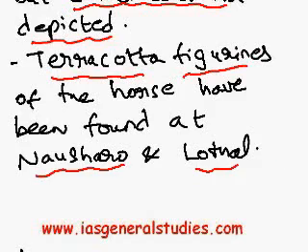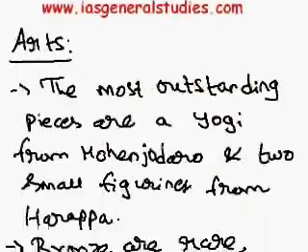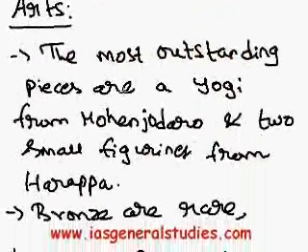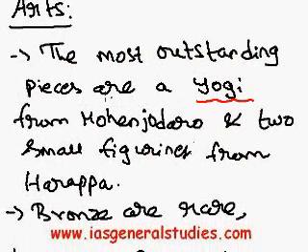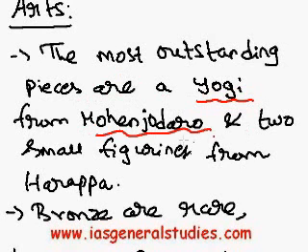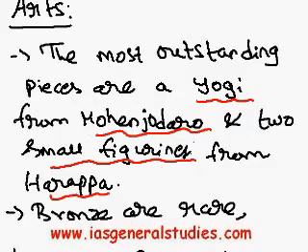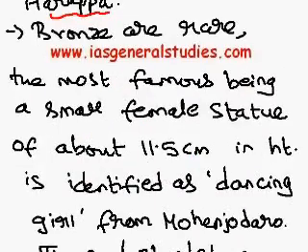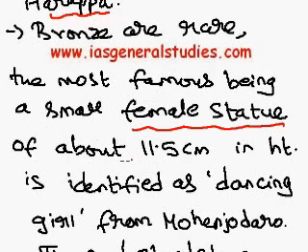Terracotta figurines of the horse have been found at Nausharo and Lothal. Now coming to the arts, the most outstanding pieces are a yogi from Mohenjo-daro and two small figurines from Harappa. Bronzes are rare, the most fabulous being a small female statue about 11.5 centimeters in height, identified as a dancing girl.